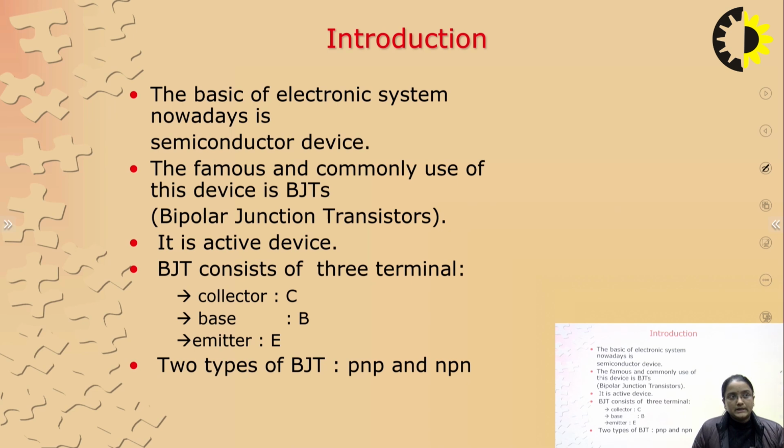So first of all, starting with the basic introduction to what is BJT, that is bipolar junction transistor. It is one of the most important topics, particularly for electronic devices and also for basic electronics. It is a core topic of first year.